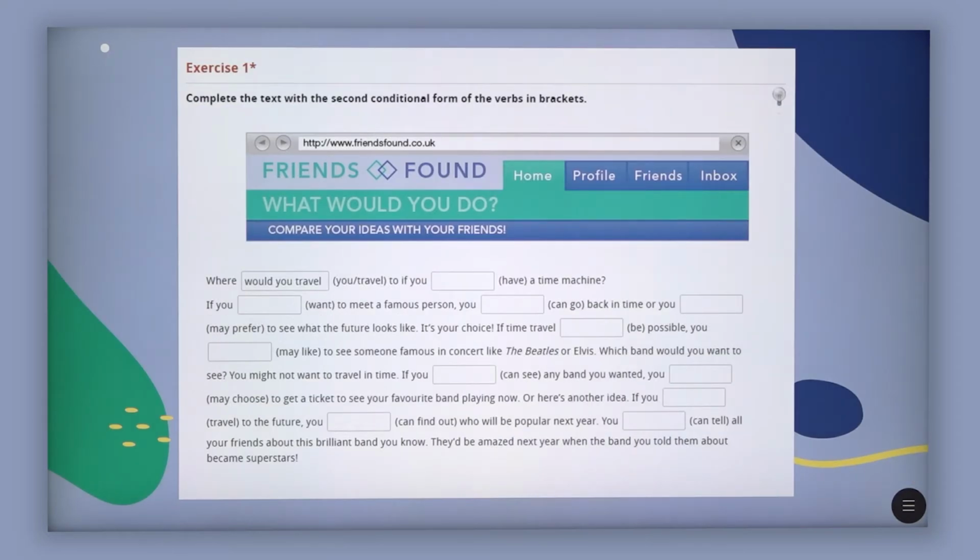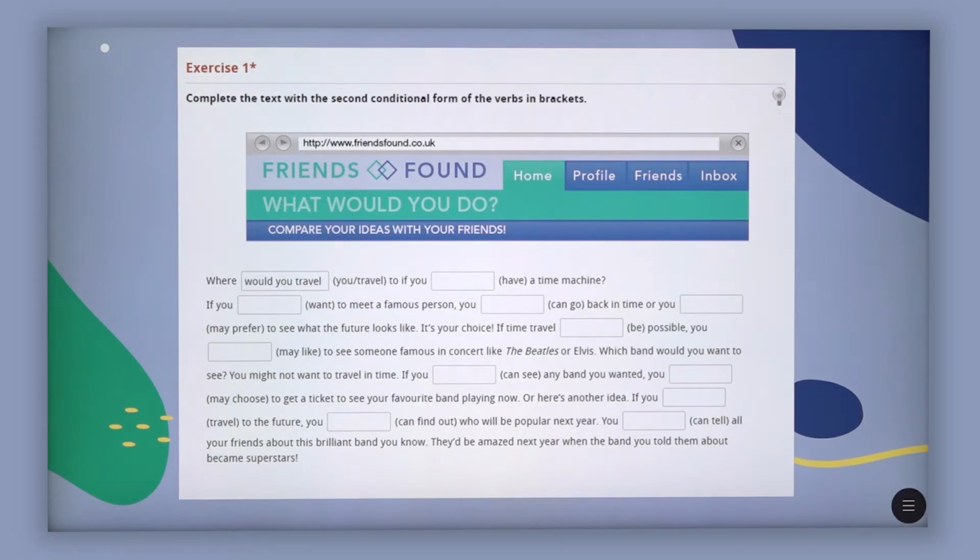The next exercise is about completing the text with the second conditional form of the verbs in brackets. We've got the first one given, where would you travel if you had a time machine? Then we've got, if you wanted, you could go. Then, might prefer.